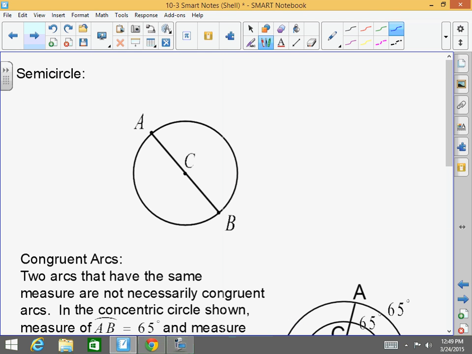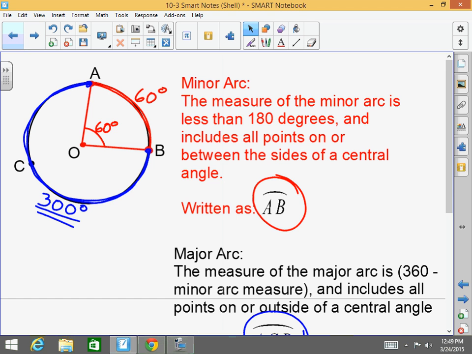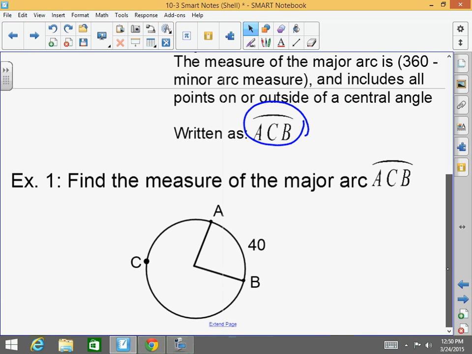Okay, now a semicircle. For example, find the measure of the major arc.